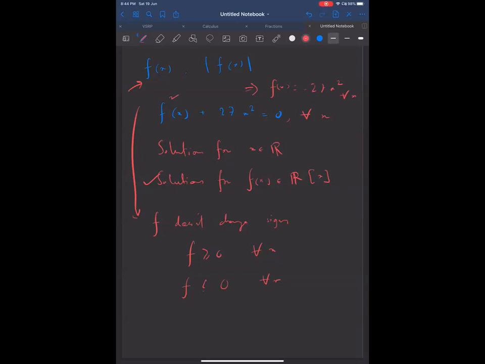I think they're trying to use this thing, that f is always greater than or equal to 0 or f is always less than or equal to 0, in some sense in solving the equation. I don't really know. It's a little bit ambiguous in the last part of it. But at least when somebody grades your papers, they will look at whether you have reached this point. That is all you can say about it, really.